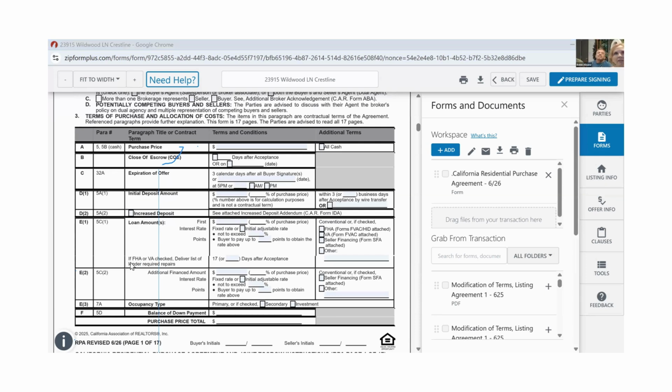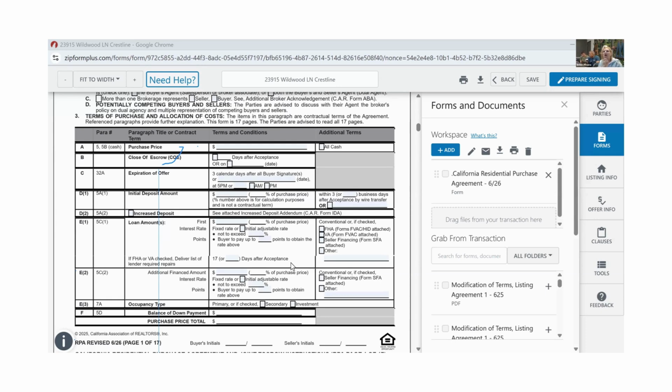Okay, so now we have: if VA or FHA checked, deliver a list of lender required repairs within 17, or you can change that, days after acceptance. Now, I believe Ashley is dealing with some lender required repairs.